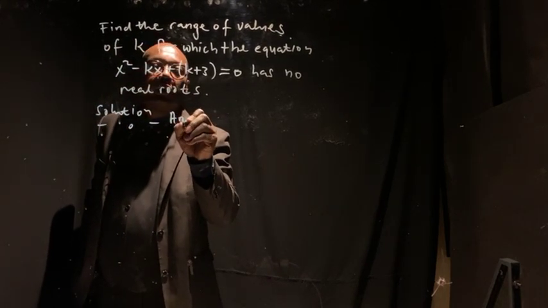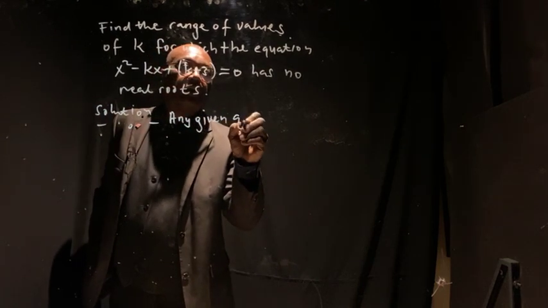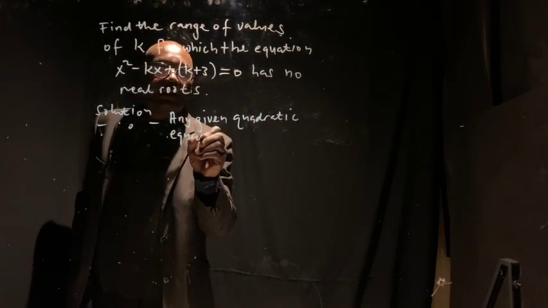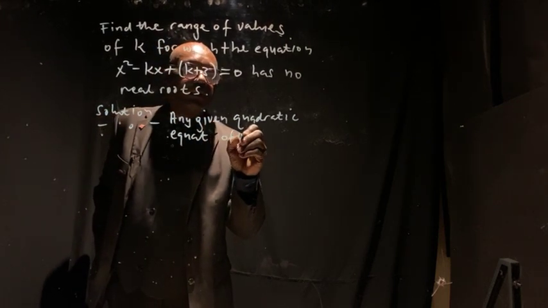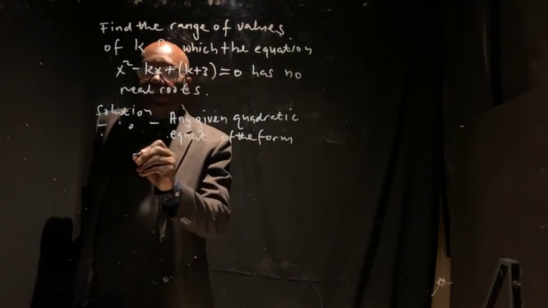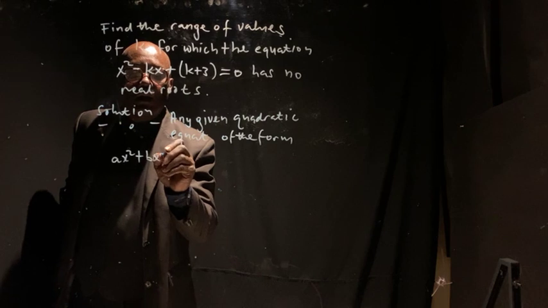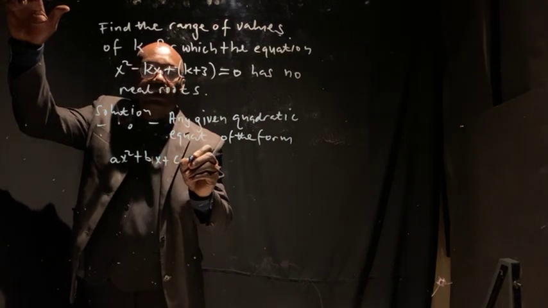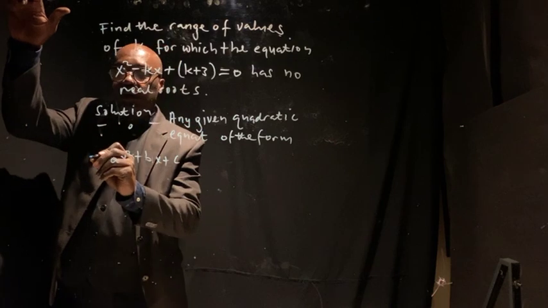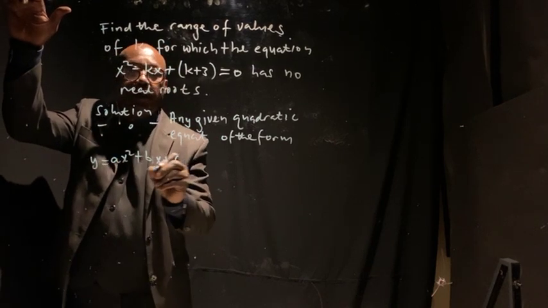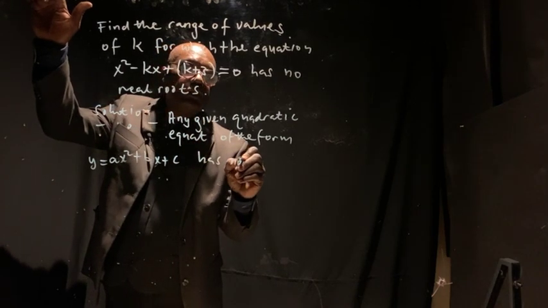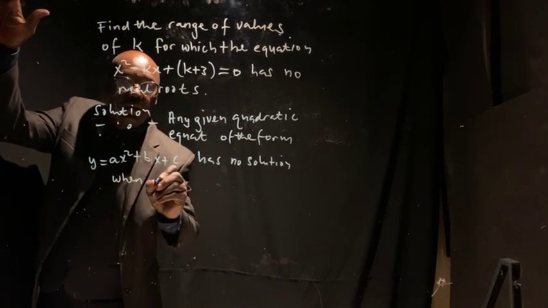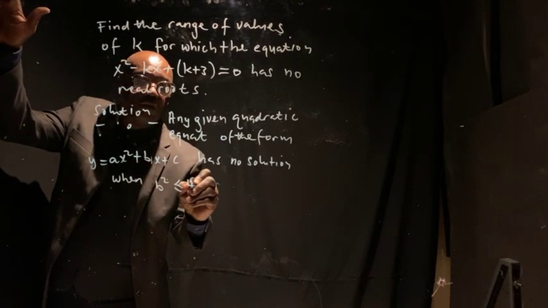Any given quadratic equation of the form ax squared plus bx plus c equals 0 has no solution when b squared is less than 4ac.